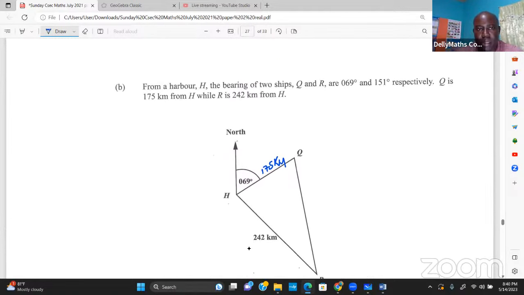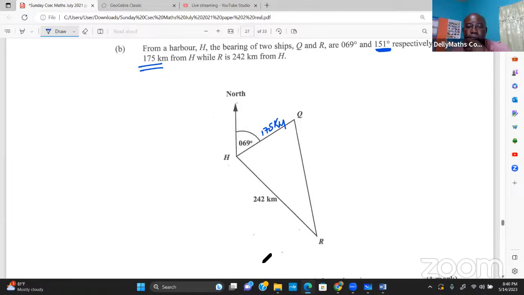Well, this was missing, we just put it on: 175 from H. And this is missing as well. The bearing of R from H is missing.